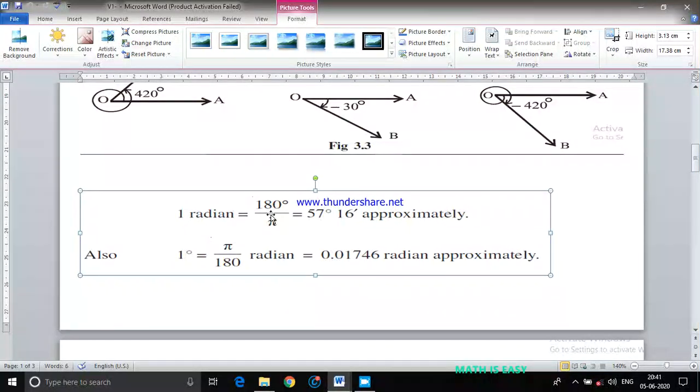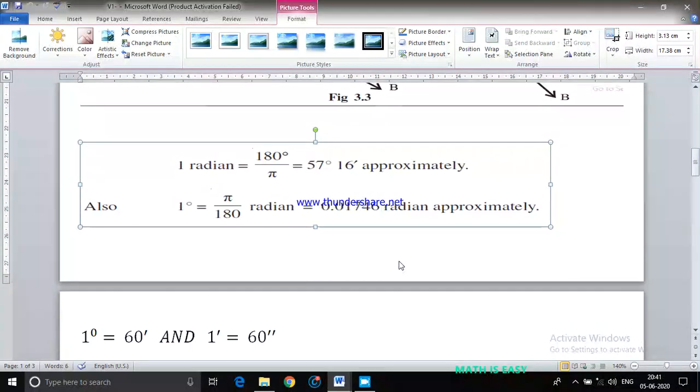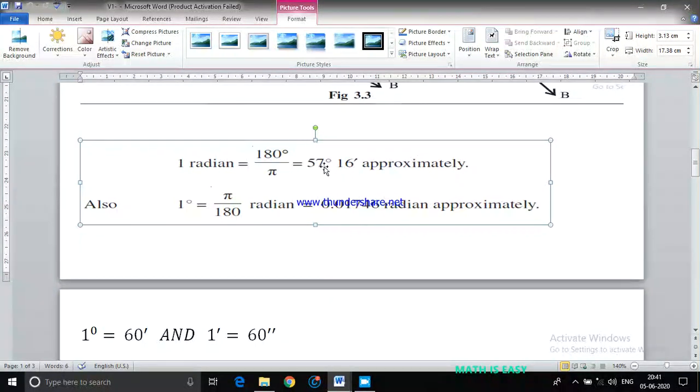So it will become pi upon 180 radian equals to 1 degree, or 1 degree equals to 0.01746 radians approximately. So approximately we will round it off to this number. These decimal values we don't use, but these relations we use to solve certain questions. You have to remember pi radians equals to 180 degrees.